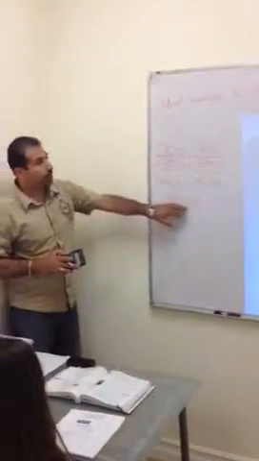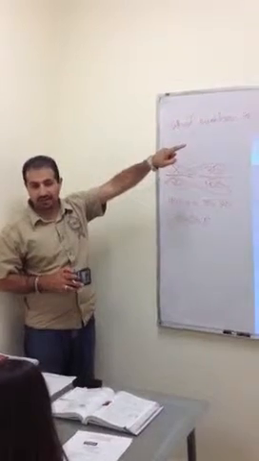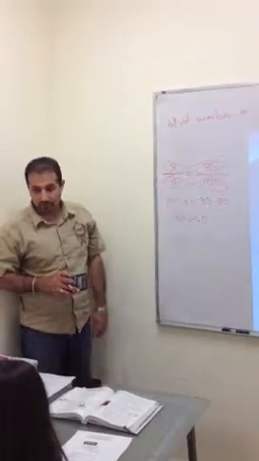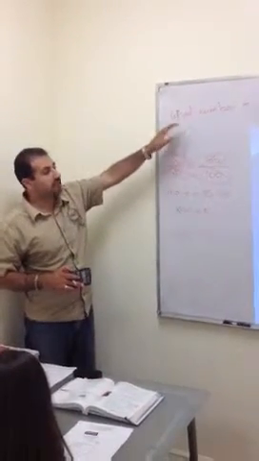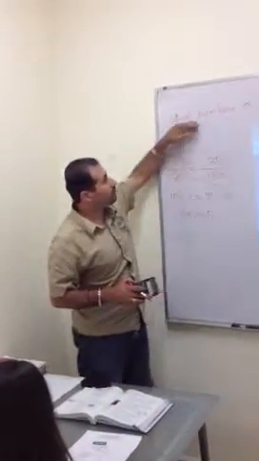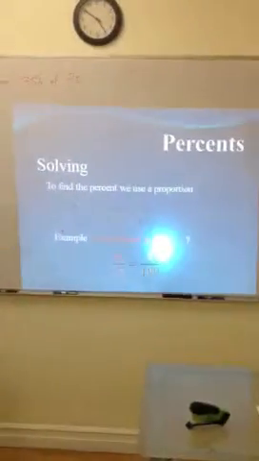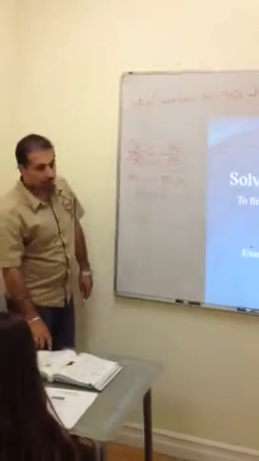So 24.5 is 35% of 70, right? It doesn't matter how I rearrange the problem, we're going to keep using that proportion every time for our solution.